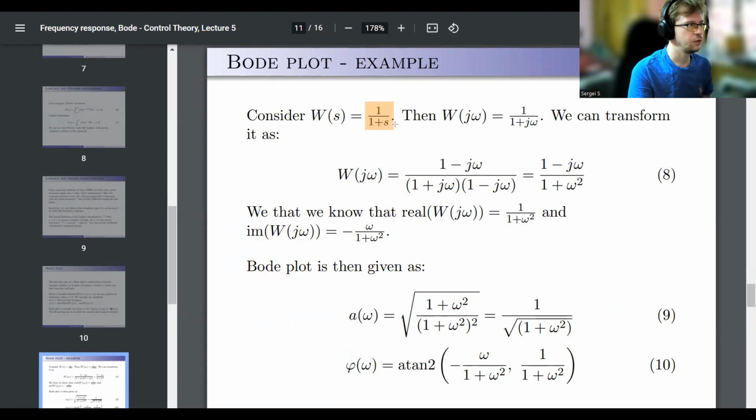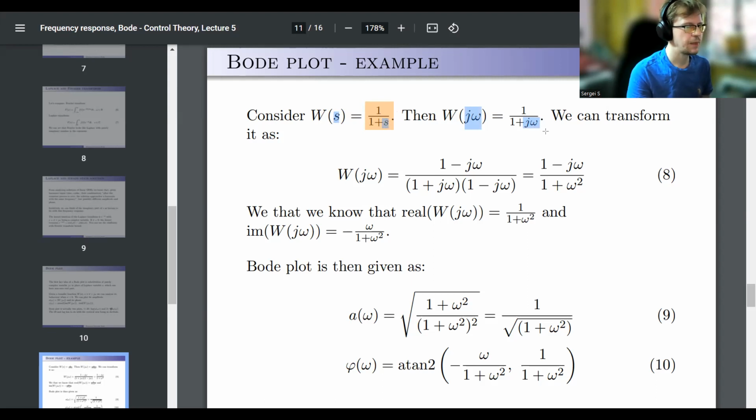Let us try to plot the Bode plot for it, or at least prepare the functions to plot a Bode plot. We'll try to be careful. Instead of s, we substitute j omega. So instead of s here, we have j omega here.